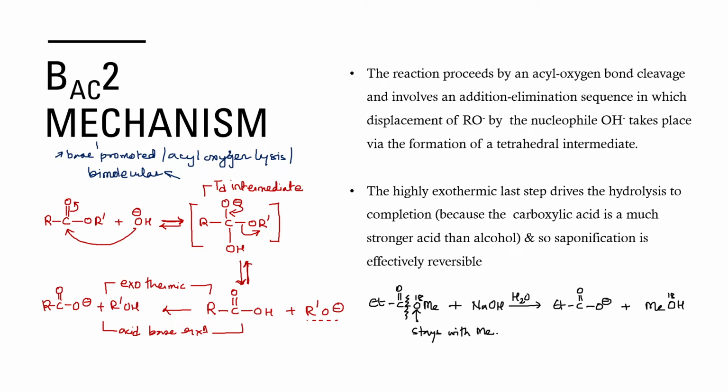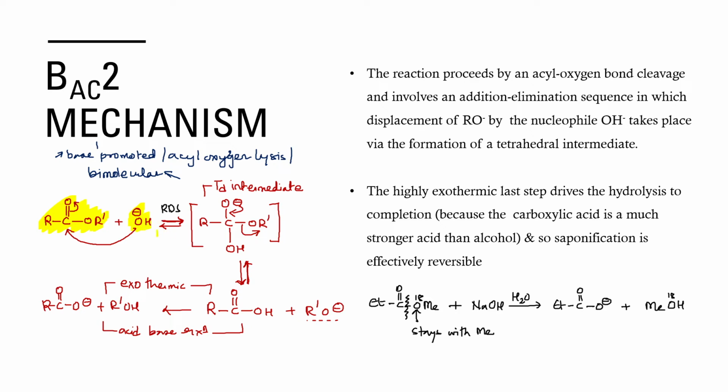This is a BAC2 mechanism. ये second order mechanism है क्योंकि जो RDS होता है इस reaction का, the RDS of this reaction is the attack of, ये आप देख लो, ये होता है RDS. ये RDS होने के कारण यहां पे आपने कितने स्पीशीज यूज किए हैं? You have utilized 2 species. One is this and the other one is this.